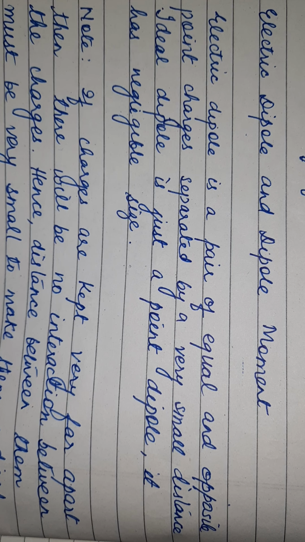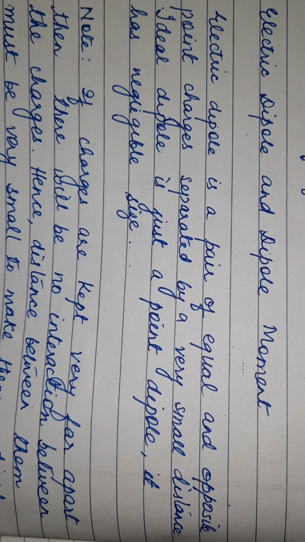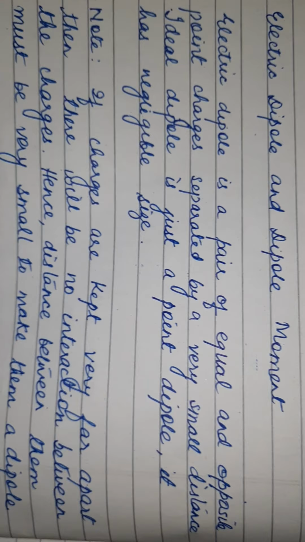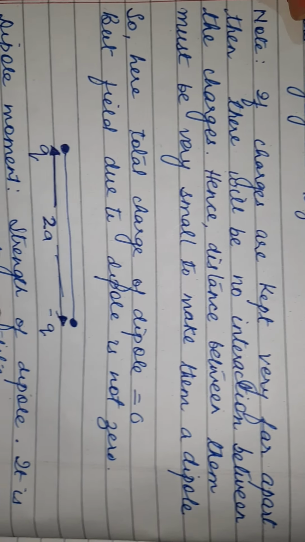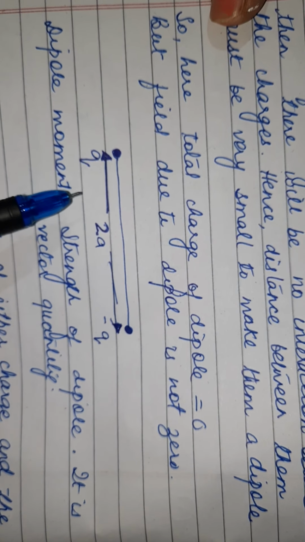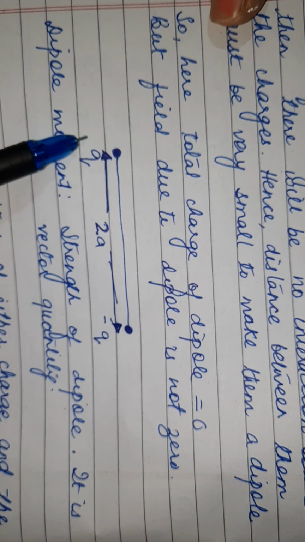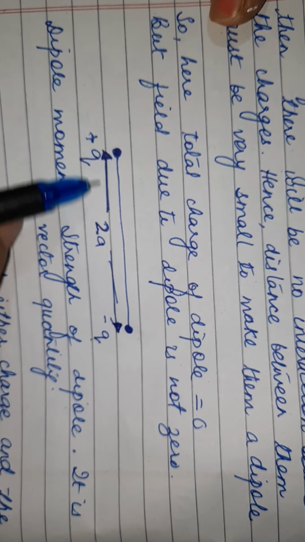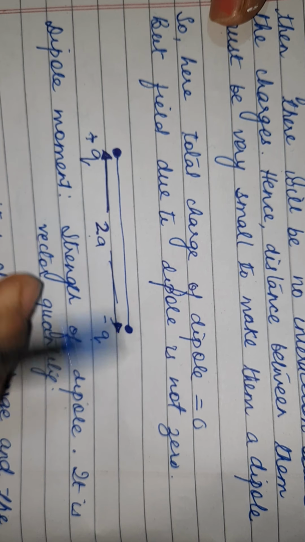The strength of a dipole is known as dipole moment. So here you can see there are two charges, plus Q and minus Q. They are separated by a distance 2a.